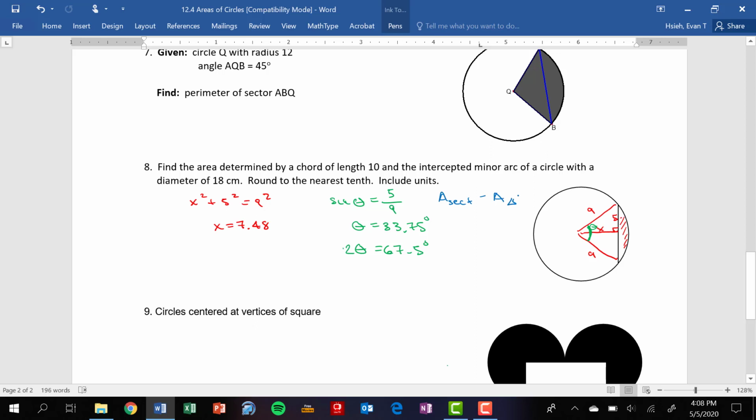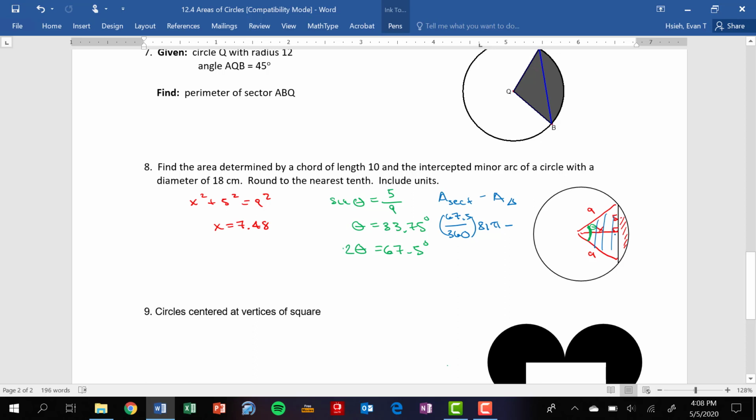And so the area of the sector is just going to be 67.5 divided by 360 times the area, which is just going to be 81 pi. And then we're going to subtract the area of this triangle right here.